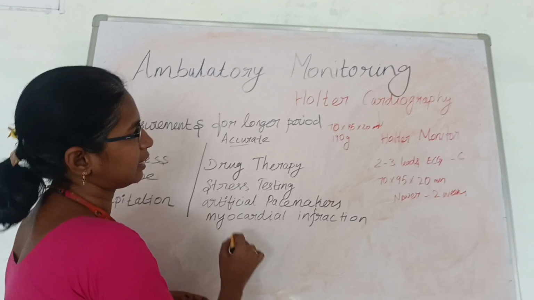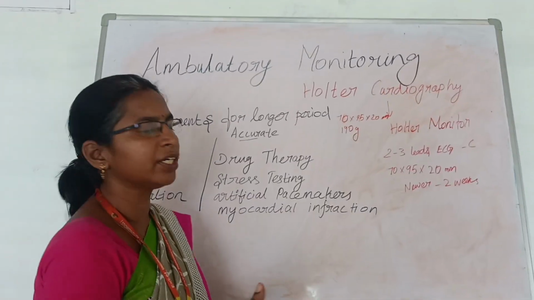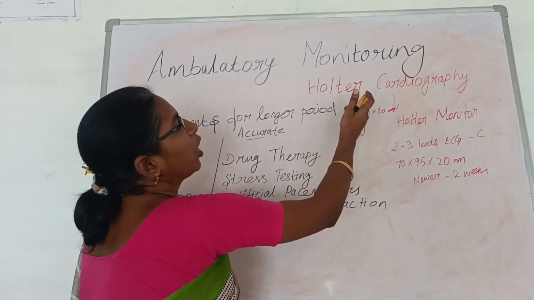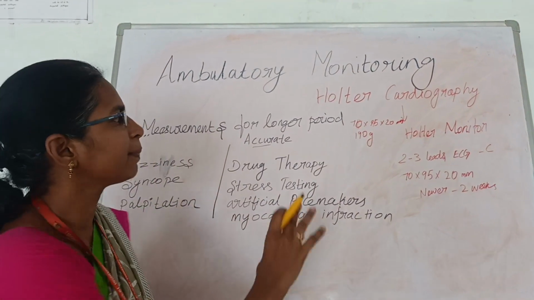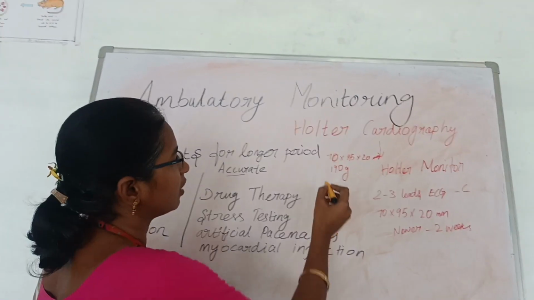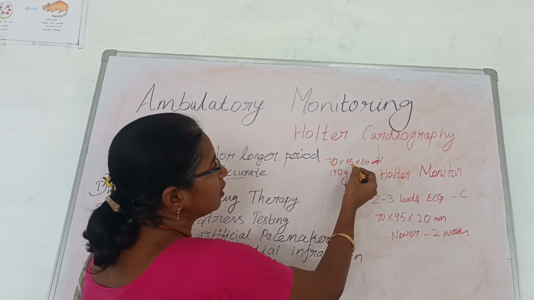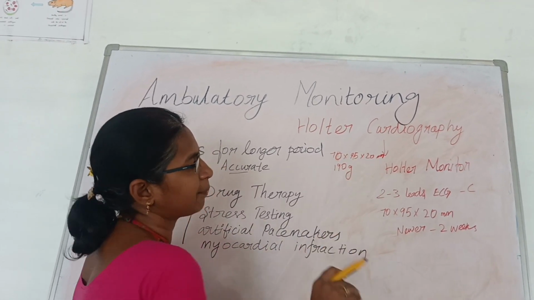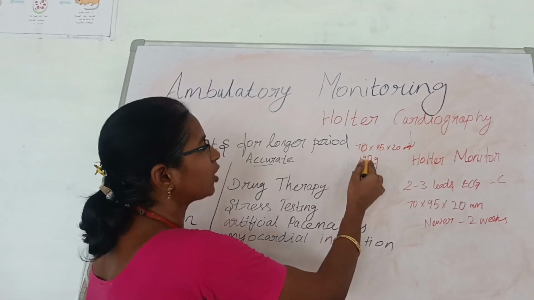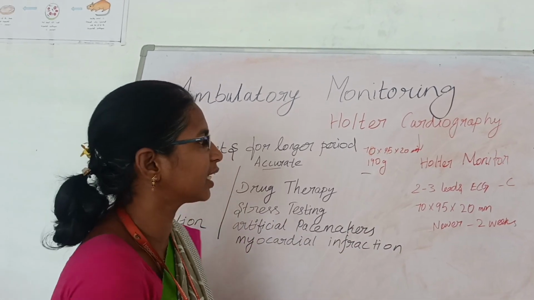All these things will be continuously analyzed with the help of the Holter cardiography device. It's a small box-type device with dimensions of 70 by 95 by 20 mm and a weight of 190 grams.